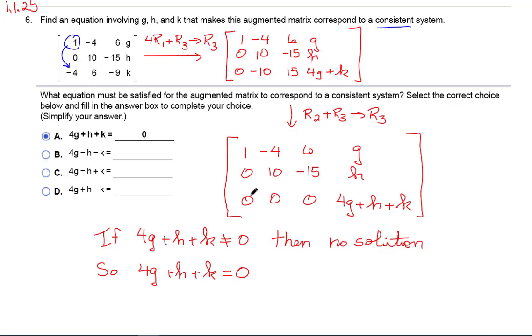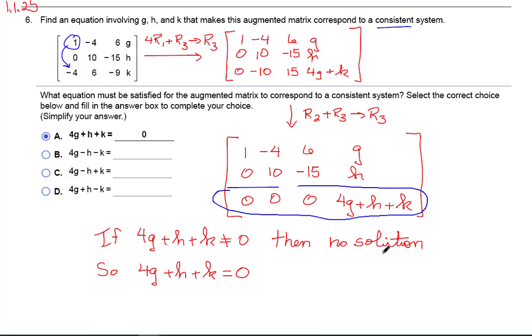Now by doing that, what I notice is I've got this row. And if this thing turns out to be not 0, then it would be inconsistent and no solution.